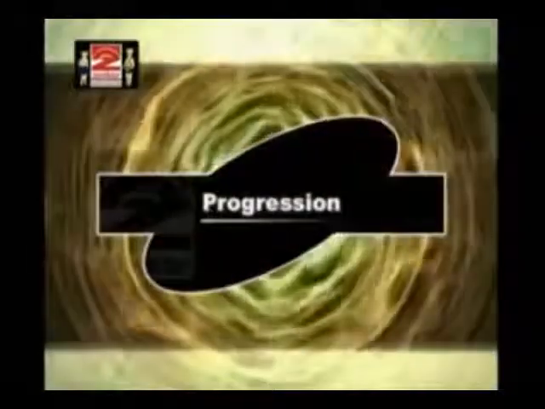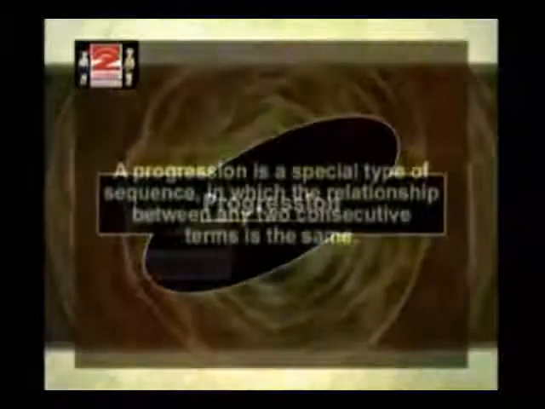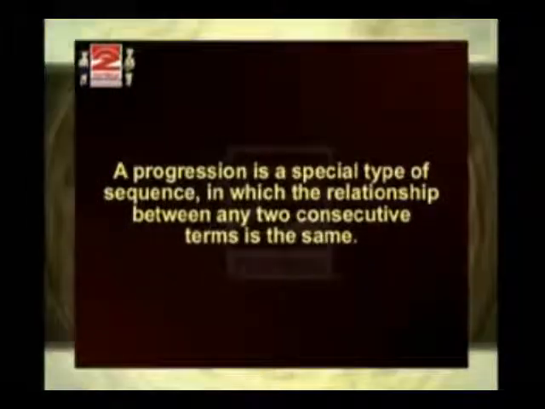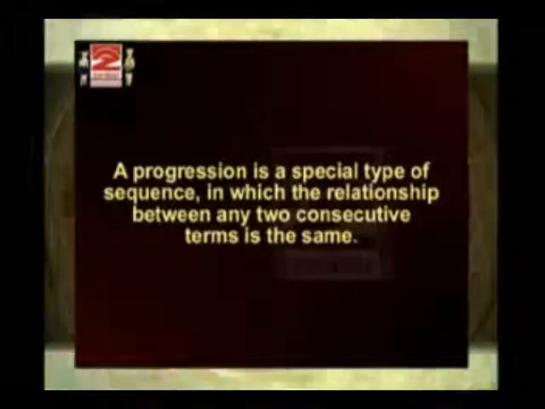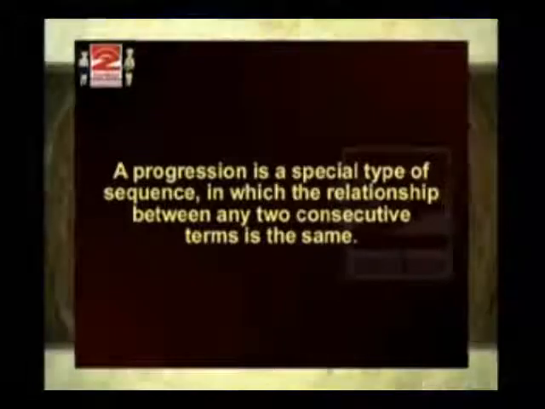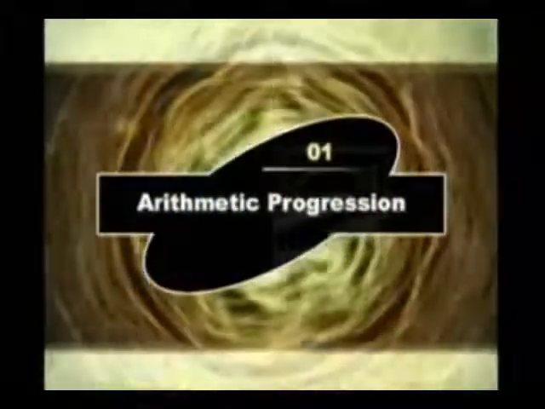After the sequence, we'll see what is meant by progression. A progression is a special type of sequence in which the relationship between any two consecutive terms is the same. Now, the first type of the progression is arithmetic progression.